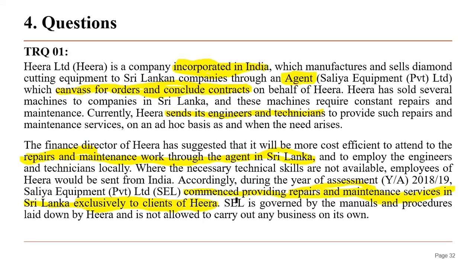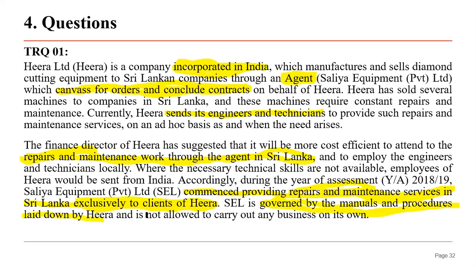The SCL is governed by manuals and procedures laid down by Hera and not allowed to carry out any business on its own. Then it is also one of the main facts to determine that they are dependent. The Salia is totally dependent on Hera then. Governed by the manual and procedures laid down by Hera.